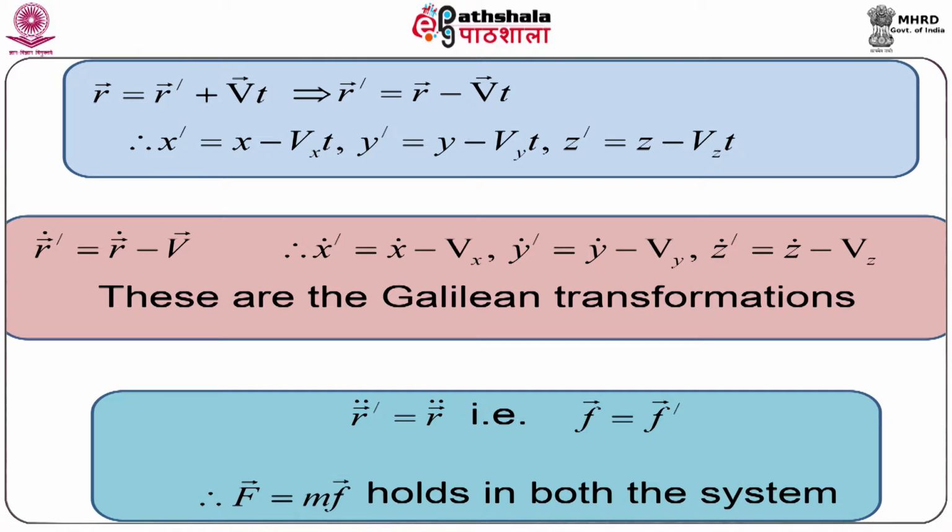If we again differentiate 10.2 with respect to time t, then we have r dash vector double dot equal to r vector double dot. That means accelerations in both frames are equal. If we denote r vector double dot equal to small f vector and r dash vector double dot equal to small f dash vector, then we get f vector equal to f dash vector. Thus, the accelerations of P are the same in both the systems.